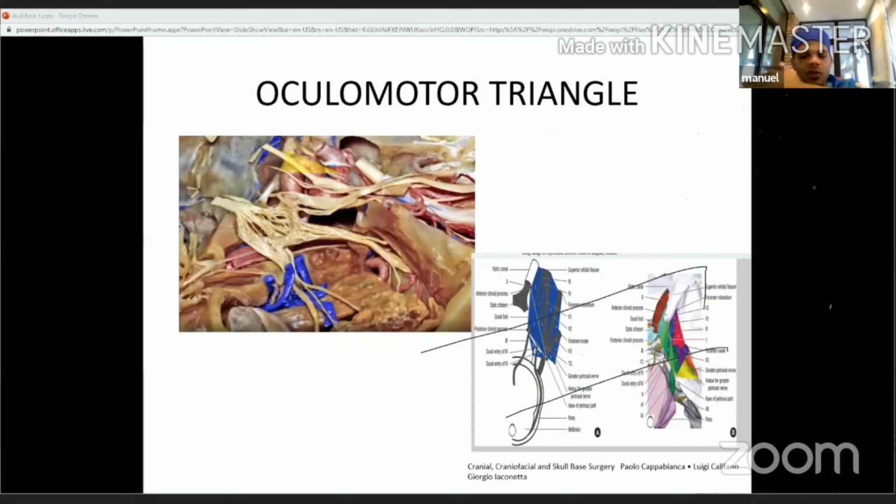And the floor between both, we have the superior triangle or oculomotor triangle. The element in that triangle is the oculomotor nerve, okay? Next, John, please. Yep, oculomotor triangle. Next, John, please.